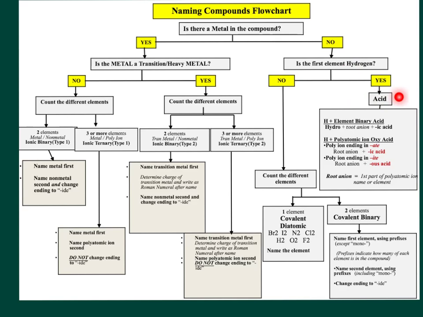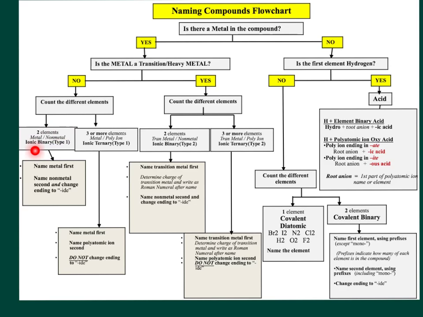So let's walk through this. Let's assume we see a metal. We see that the metal is not a transition or heavy metal. And then what I'm asking you is to count the different elements. If there's only two elements, what you have is an ionic binary compound. And the rules for naming that are very simple.